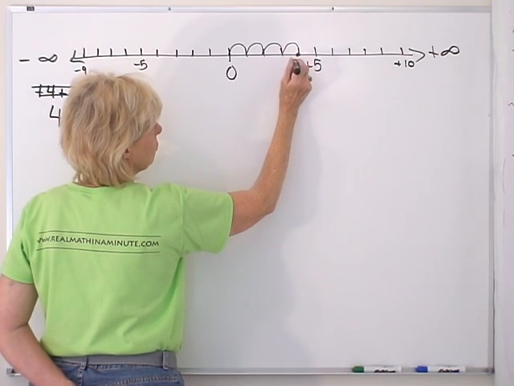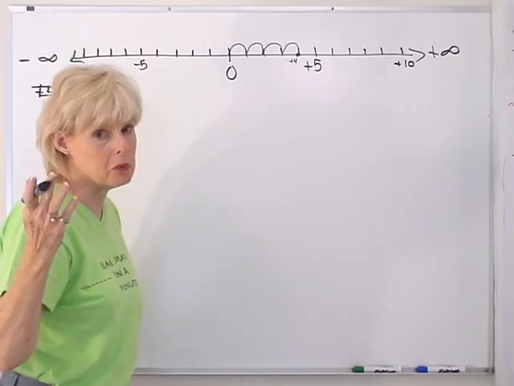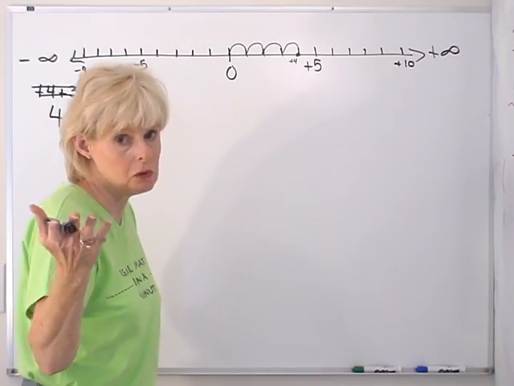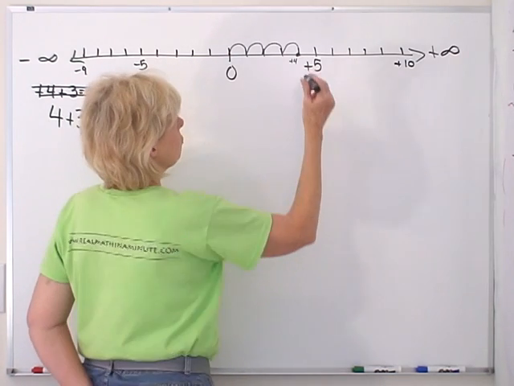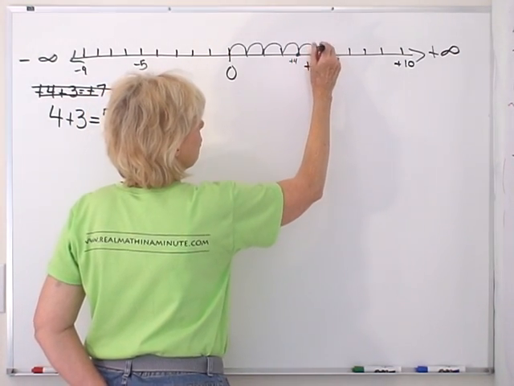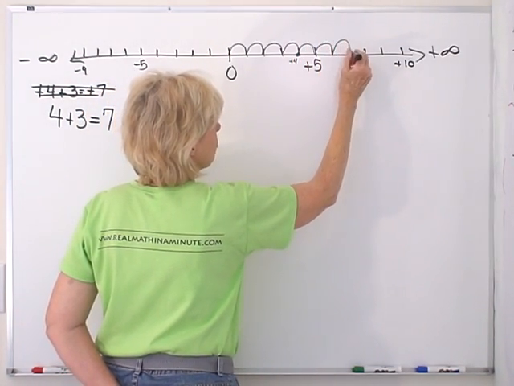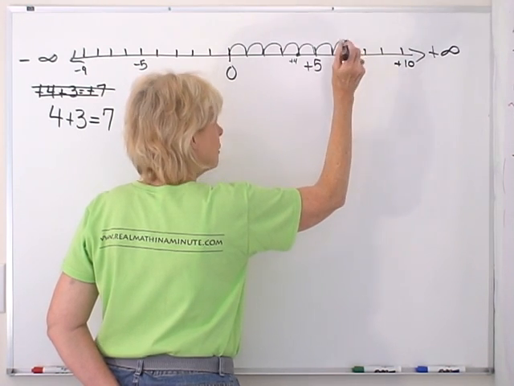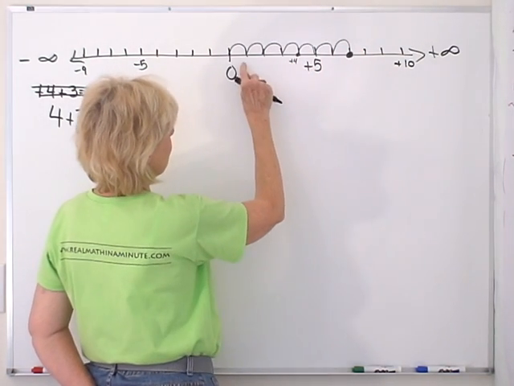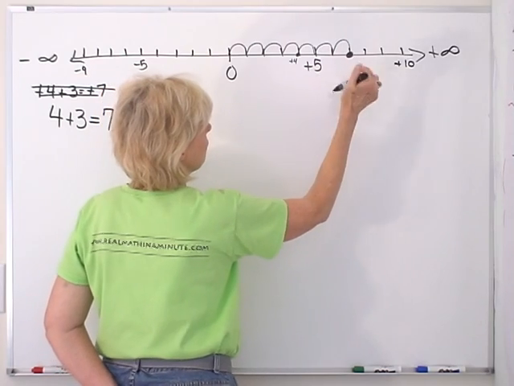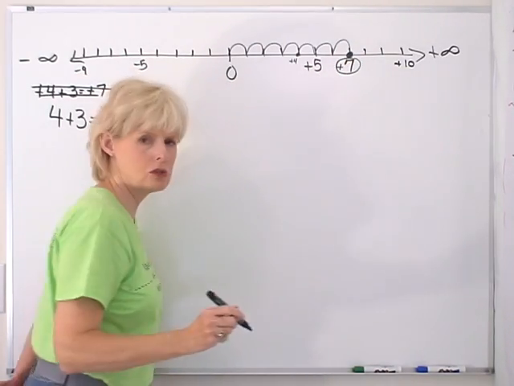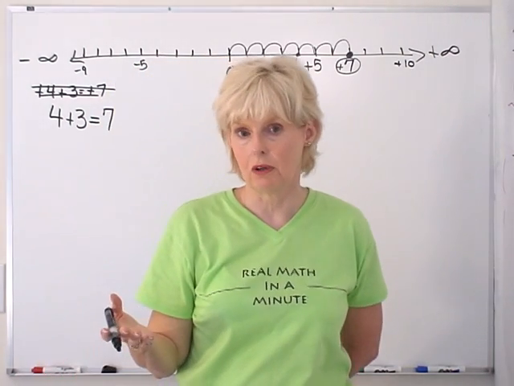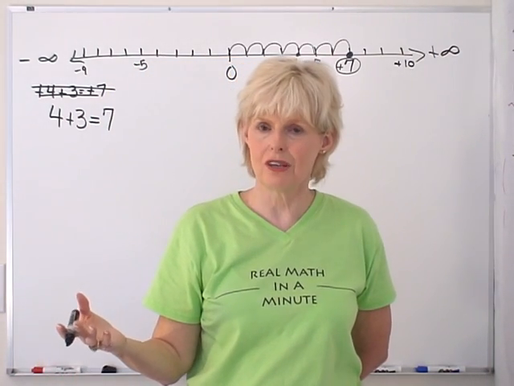We're at positive 4. Now we're going 3 more. So from here we go 1, 2, 3, and this is our answer. Whatever this number is, that's our answer. So let's count: 1, 2, 3, 4, 5, 6, 7. 7 is on the positive side. So our solution, our sum, is positive 7.